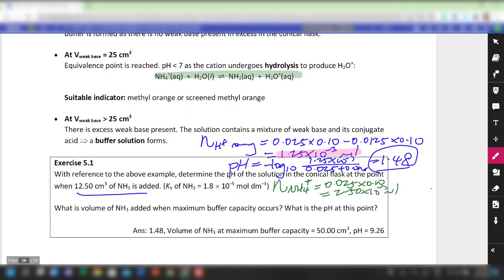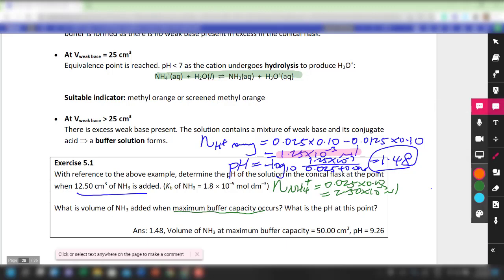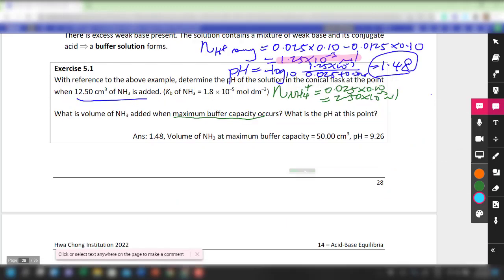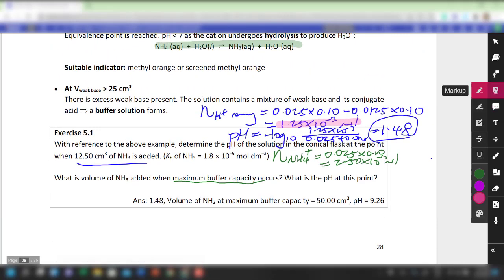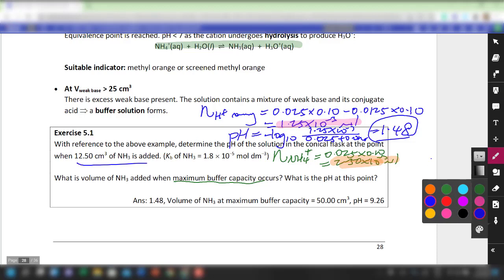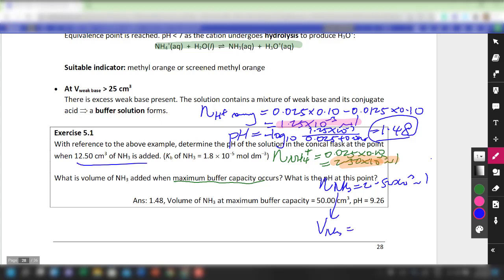If I want to achieve maximum buffer capacity, I need to add the same amount of aqueous ammonia, which will be 2.50 times 10 to the power minus 3 moles. From here, the volume of ammonia will therefore be 25.0 cm³.